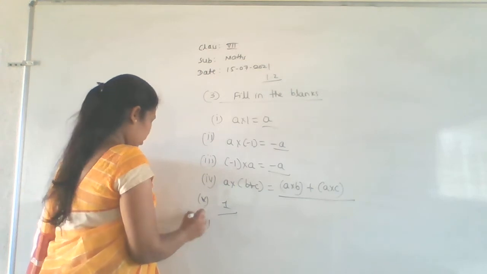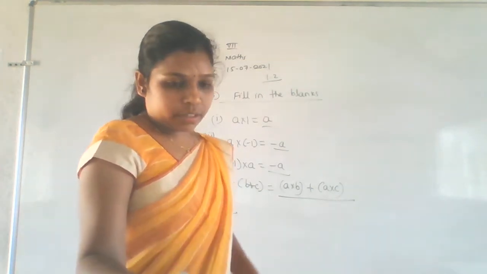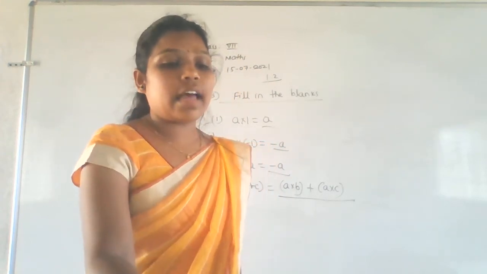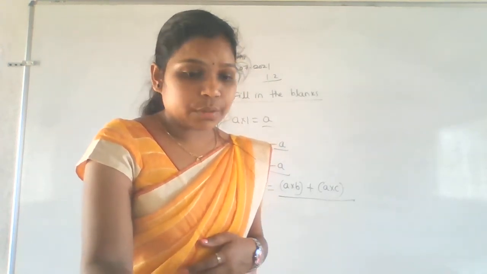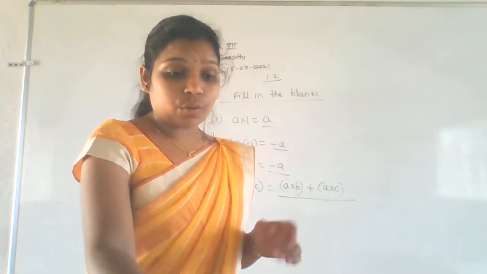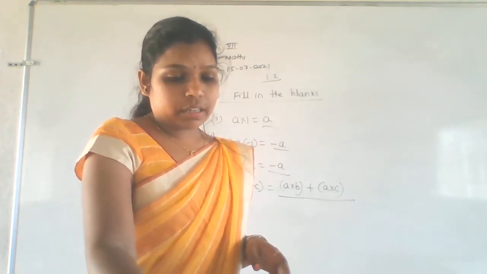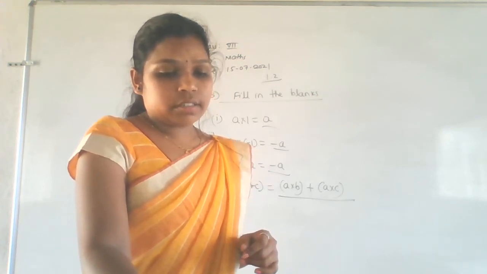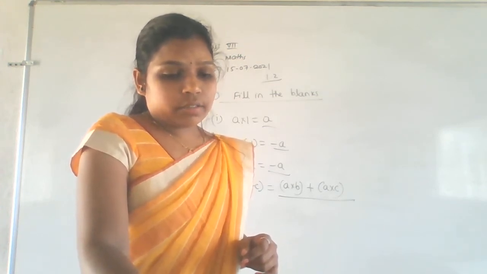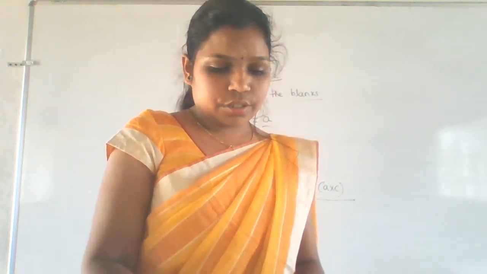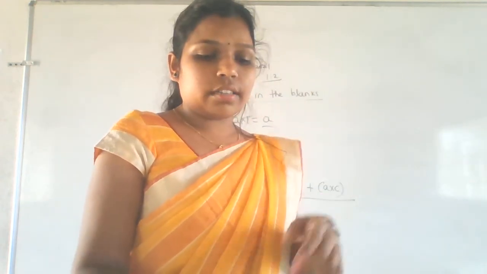Next, the sixth one. What is the sixth question they have given here? Multiplicative inverse for an integer other than 1.